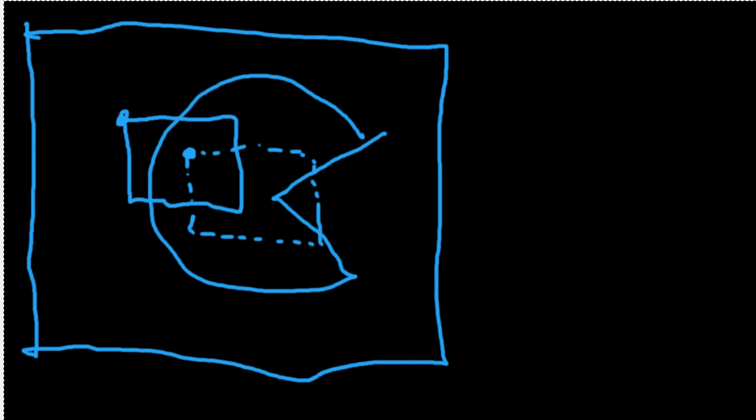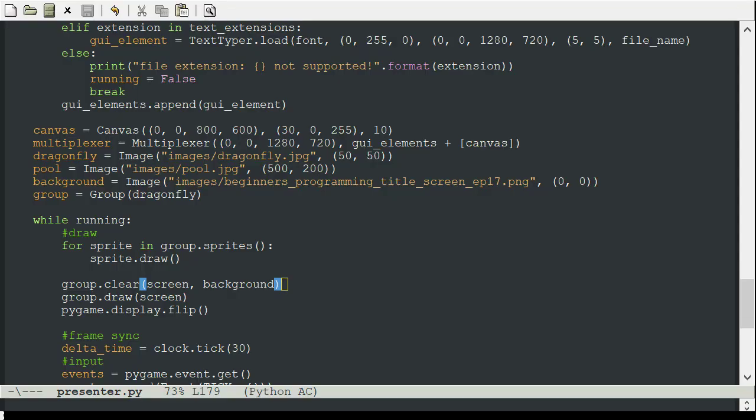It needs to be pygame.surface, not image. We also need to go back to the Emacs because I'm really good at remembering this stuff. Okay, so we do clear the background, so group.clear screen, background.